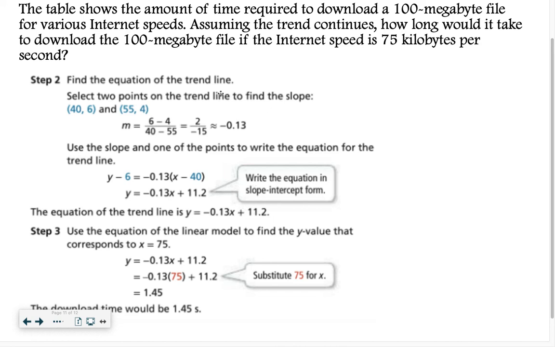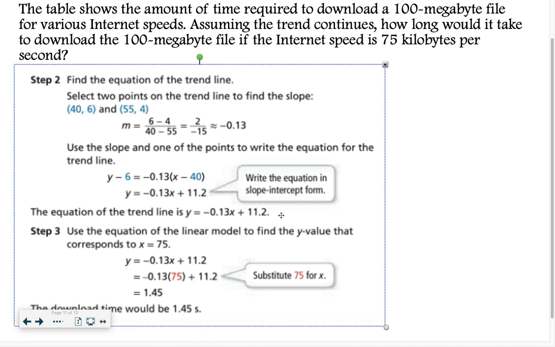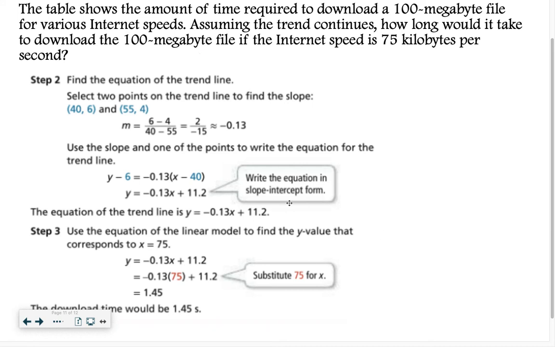Okay, so again, this is all review from Chapter 2. If this still doesn't make sense, ask for some help. Then step 3, you're going to use that equation that you just found, and you can use that to predict other outcomes. So in this case, we wanted to know if the internet speed was 75 kilobytes per second. So we're going to plug 75 in for x. So I'm going to say y equals negative 0.13 times 75 plus 11.2.